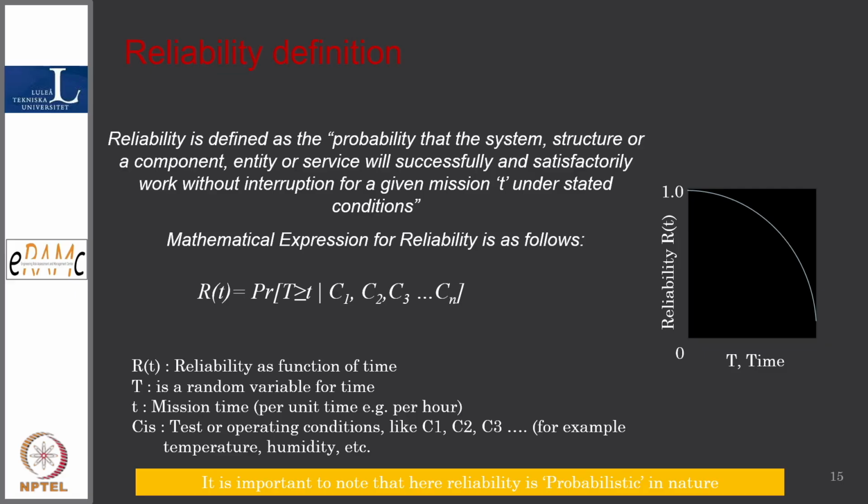Okay, and then these are C1, C2, C3. So the expression can be read as reliability as a function of time is equal to the probability that the random variable T will be more than the mission time t given condition 1, condition 2, condition 3, temperature, humidity, dust free environment, whatever condition we want to apply. Okay.